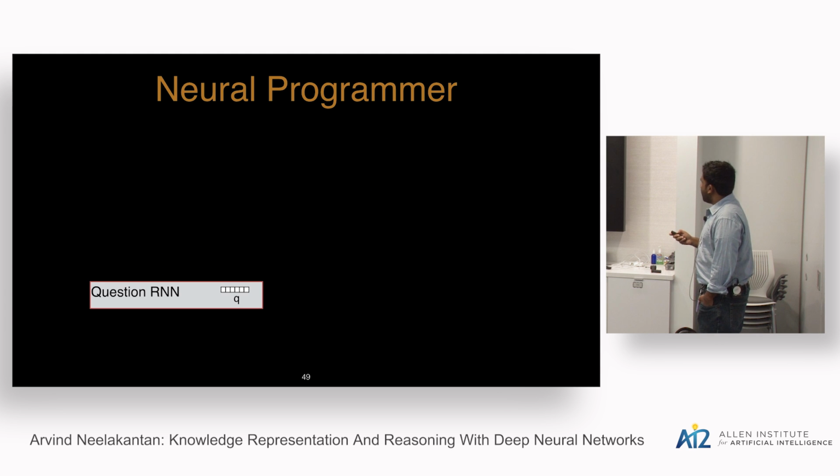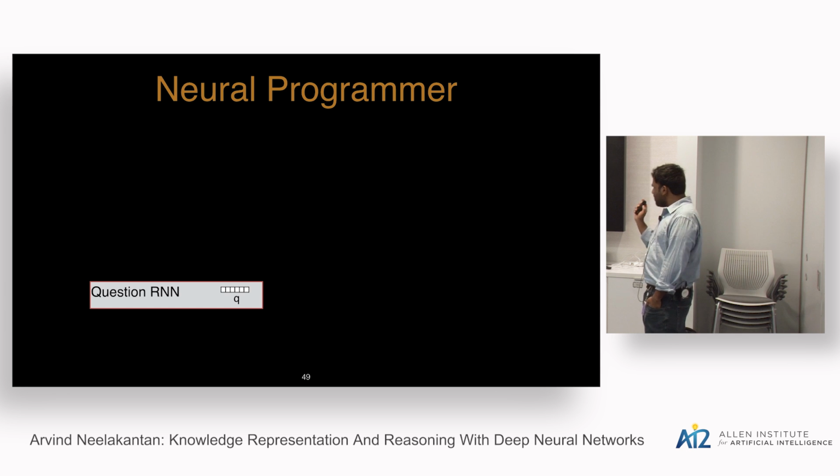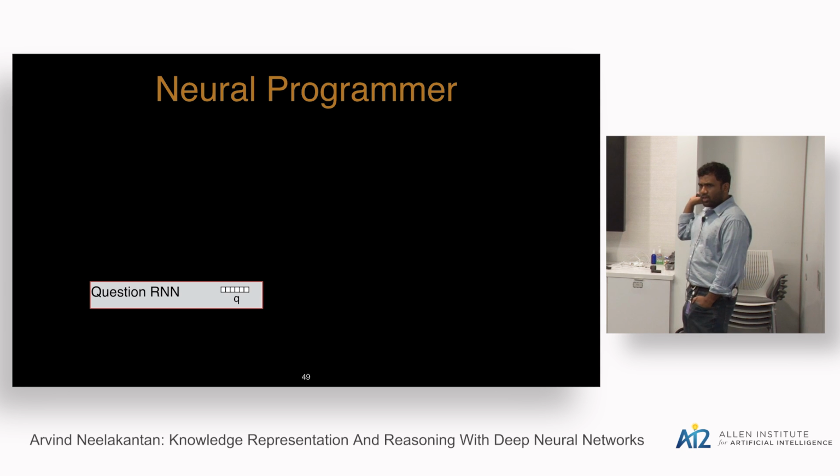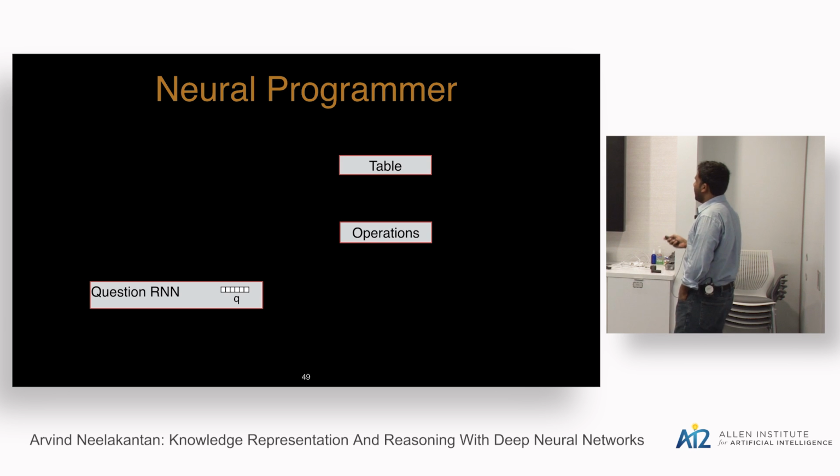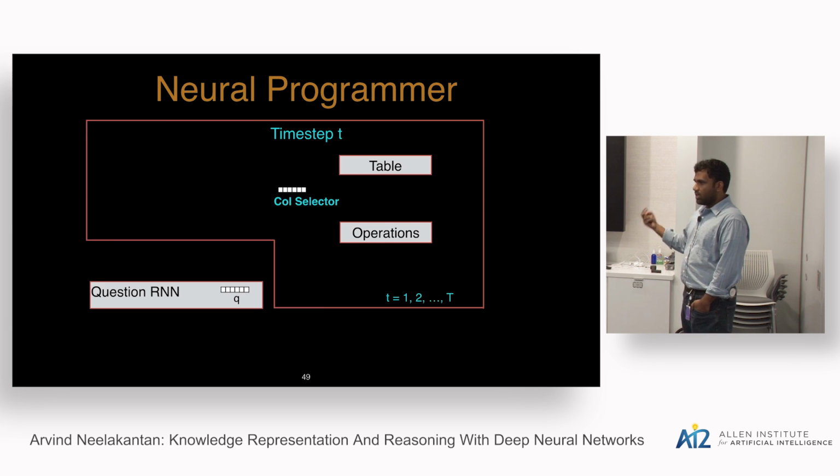Now I'm going to zoom into the neural network part. In the simplest case, you get a natural language question. You run an RNN on it to convert the question to a distributed vector. In the simplest case, it's the last hidden state of the RNN. Then there's an input table which contains columns, and a set of built-in operations.